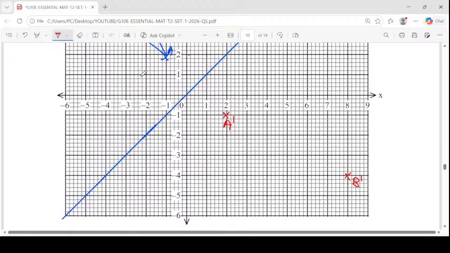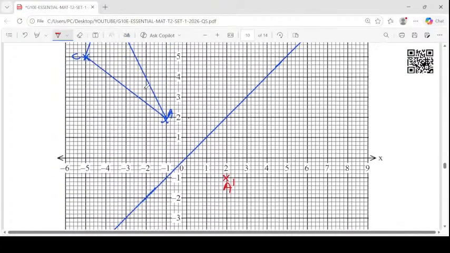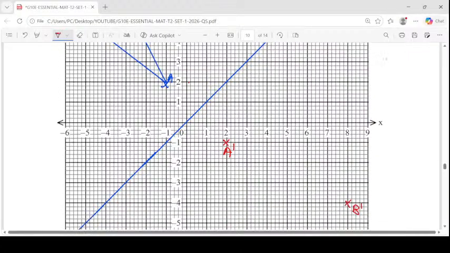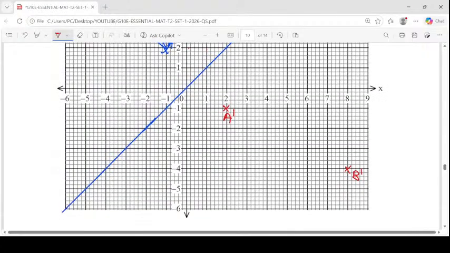From B, I want to count from C, I want to count down, then to the right. 1, 2, 3, 4, 5, 6, 7, 8, 9, 10. Then 1, 2, 3, 4, 5, 6, 7, 8, 9, 10 is here. This is my C prime.